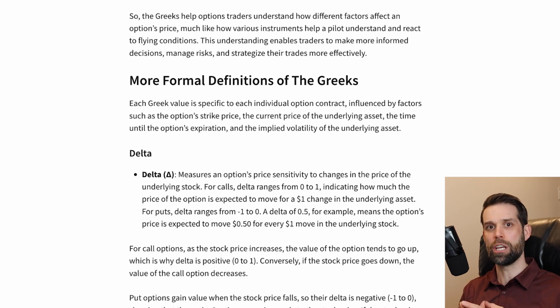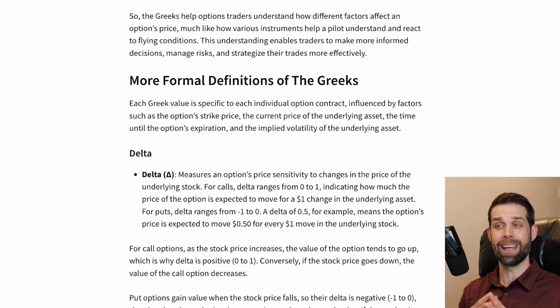So that analogy, whether you understood everything we just went over, I think it's a good thing to keep in the back of your mind, because when we go over these definitions more formally now, if you don't remember things, or if you're having a problem relating each one to the other, just think back to that plane analogy.